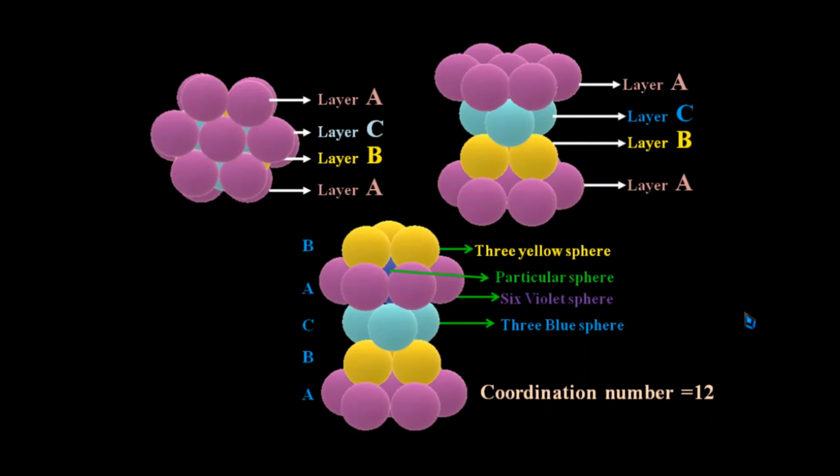In this type of arrangement, the packing efficiency is 74%, and as we discussed, the coordination number of each sphere is 12. Examples of the ABC type of close packing of a crystal lattice are metals like iron, nickel, copper and silver. These metals have the cubic close packing crystalline structure, which is called the CCP crystalline structure.